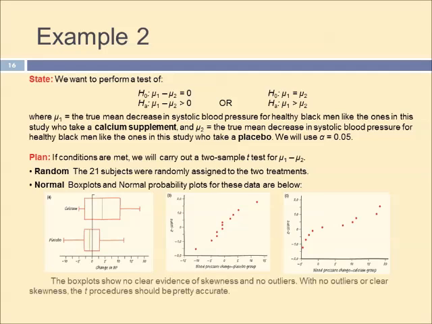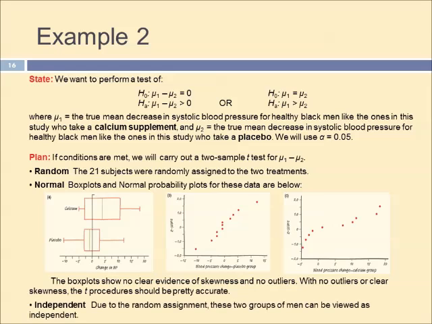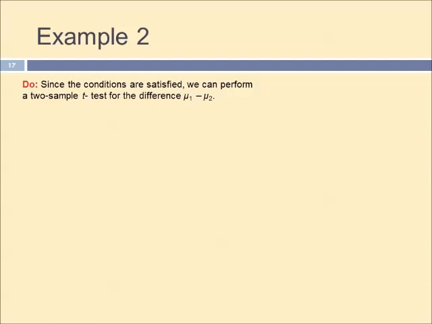In this case, there's no clear evidence of strong skewness, no outliers, and the normal probability plots are fairly linear. So the t procedure should be good. And because there was random assignment, these two groups of men can be viewed as being independent. Since the conditions are satisfied, we can perform a two-sample t-test for the difference.